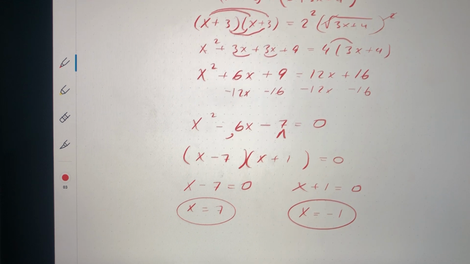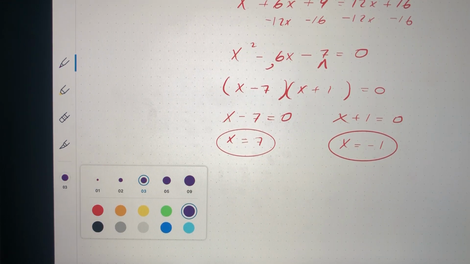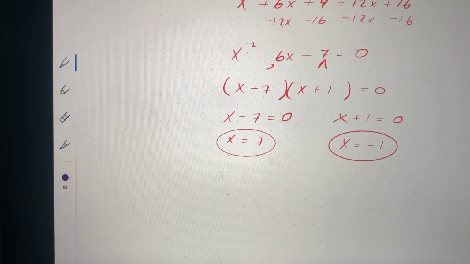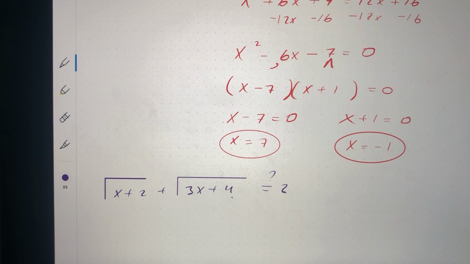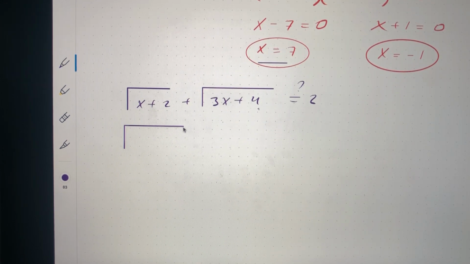So to do this, we go back to the original question and try both of them. So here is the original question. It was square root of x plus 2 plus square root 3x plus 4. Is that equal to 2? Let's see. If we use 7, what does it do? Well, that means we now have square root of 7 plus 2 plus square root of 3 times 7 plus 4.